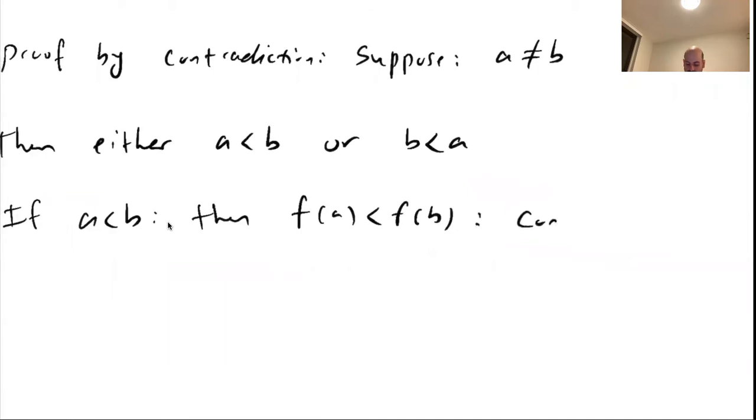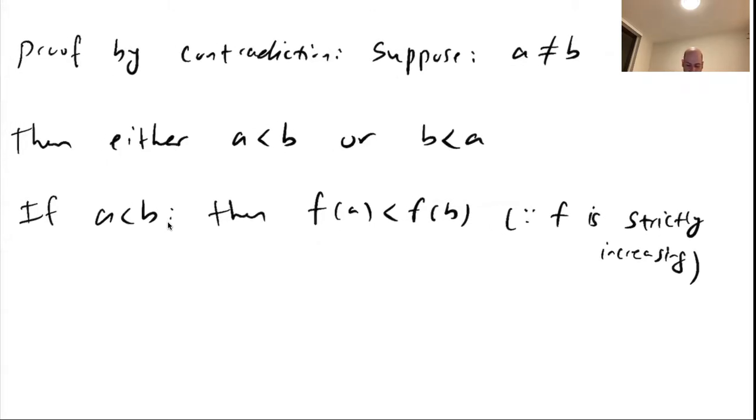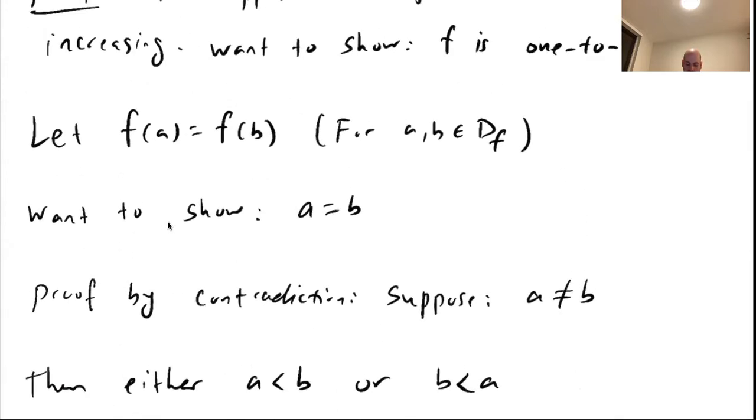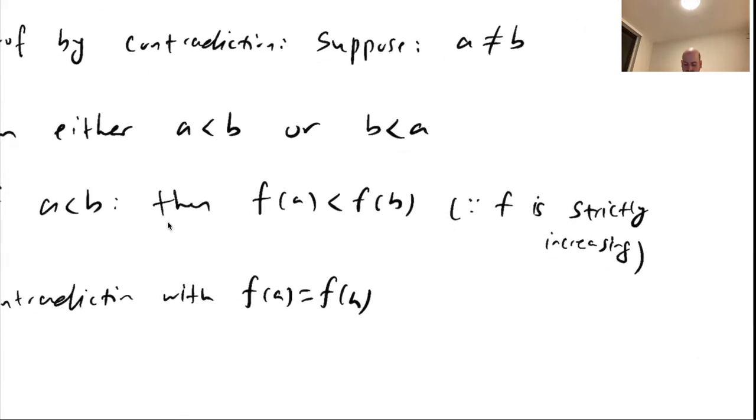And this is a contradiction, since f is strictly increasing, and this is a contradiction with f of a equals f of b. Remember, my assumption was f of a equals f of b, but here I concluded f of a is less than f of b.